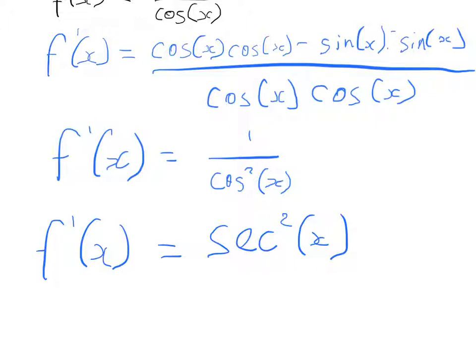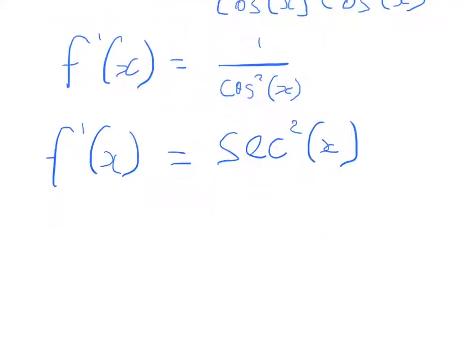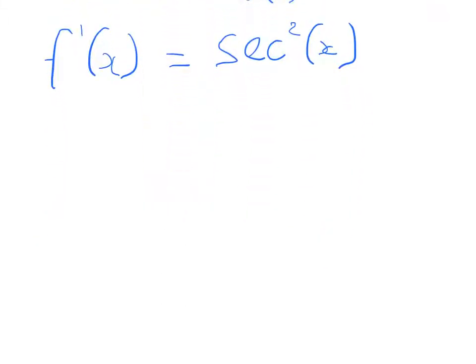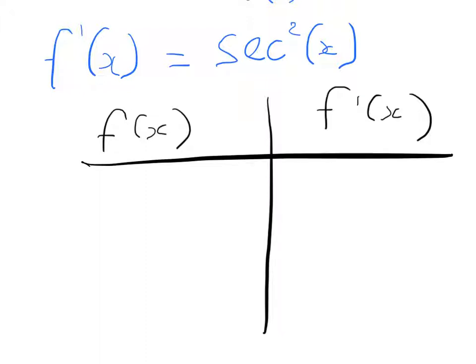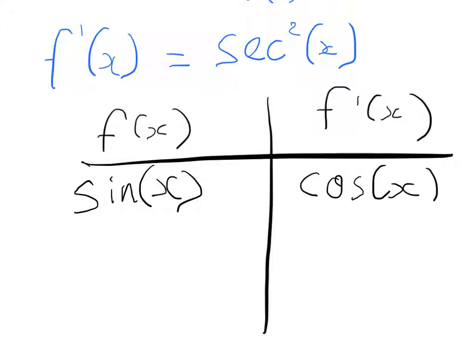Right? I can show you the rules for the others, but what we'll do is just put up the table. So if we have f of x, then we have f dash of x. The basic ones that we've already looked at: sine x becomes cos x.